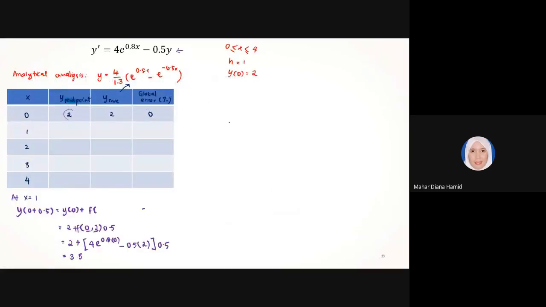And then the second step is to find the slope at the middle of the interval using the value that we obtained here. So f at 0.5, which is the middle of the interval, 3.5. So this actually corresponds to x and y.